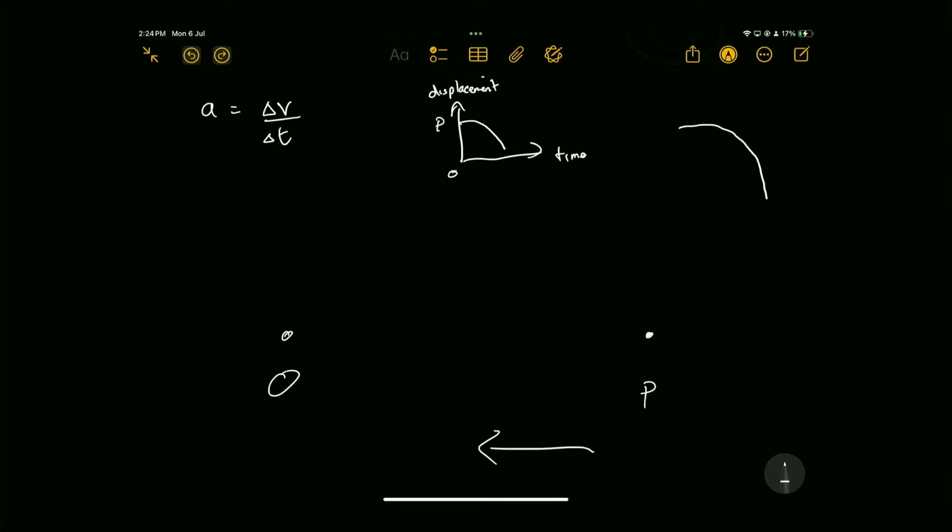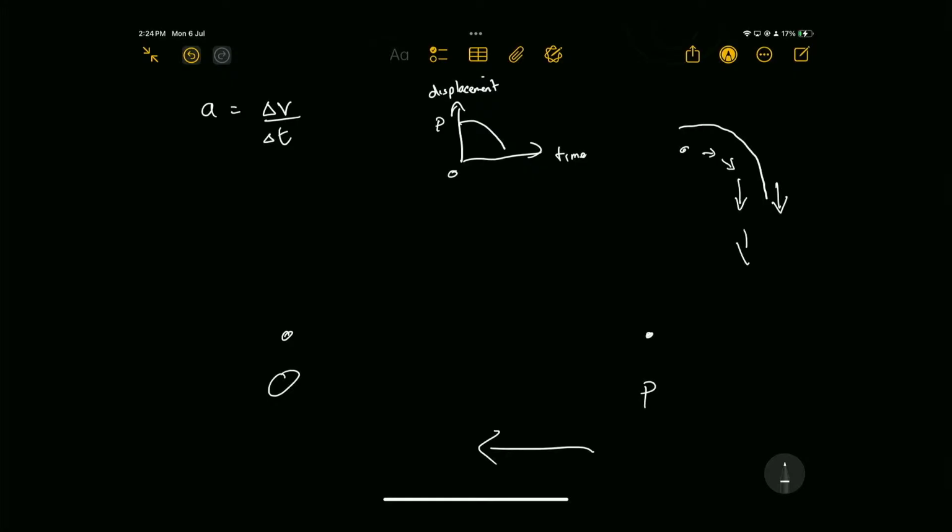And as time increases, it gets more and more steep. So therefore, we know that the slope of the displacement time graph is equal to the velocity. So we had a small velocity at this point, and then as time increases, the velocity keeps increasing.